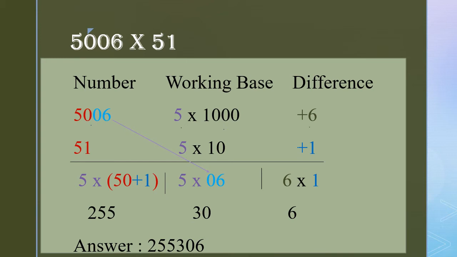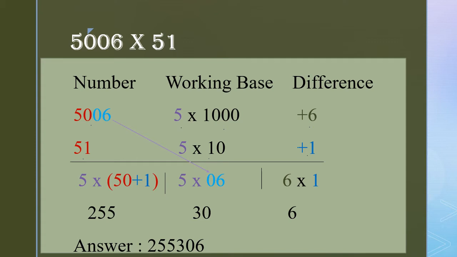That means when we add 6 to 5000, we get 5006. For the second number 51, we are taking the base as 50 and writing 50 as 5 times 10, where 5 is the factor and 10 is the base. Now the difference is plus 1. That means when we add 1 to the base 50, we get 51.